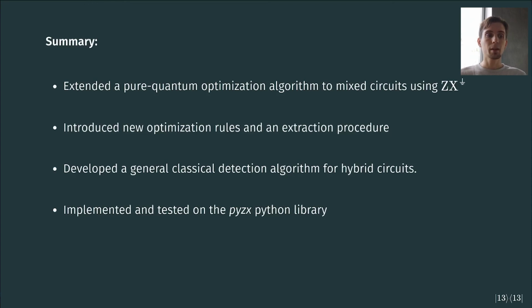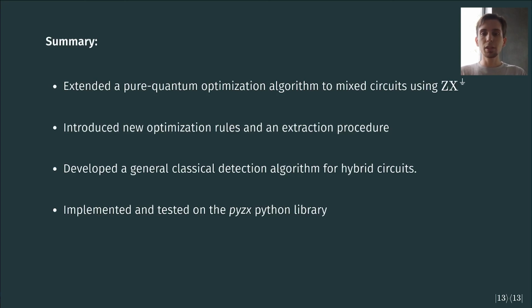So in this talk, I described an optimization procedure for hybrid quantum-classical circuits using the PyZX ground calculus. We introduced a number of gFlow-preserving rules and extended an extraction algorithm to be able to extract this kind of diagram.